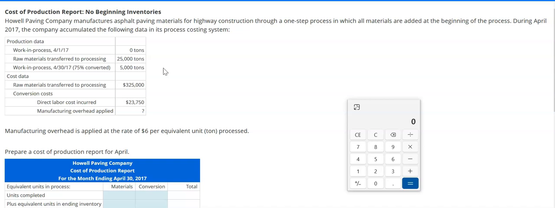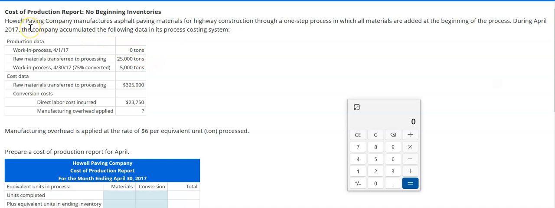So again, the weighted average method is easier than FIFO, and no beginning inventories is another component of this question that makes it a little bit more manageable. If you're needing something more significant, there are videos out there that are a little bit more challenging. Okay, but this is a good starting place for us.